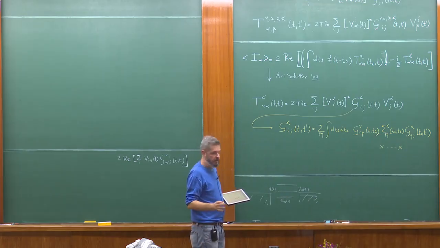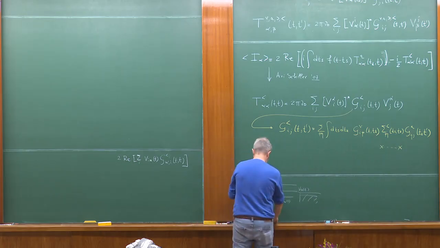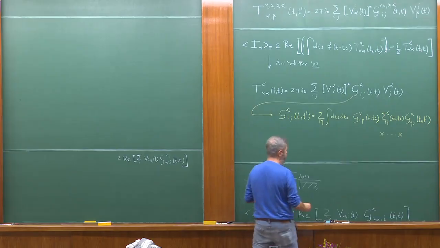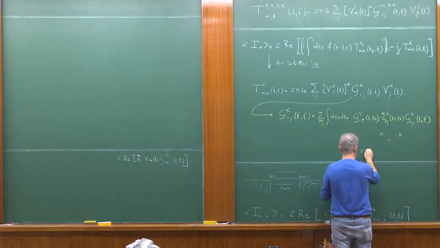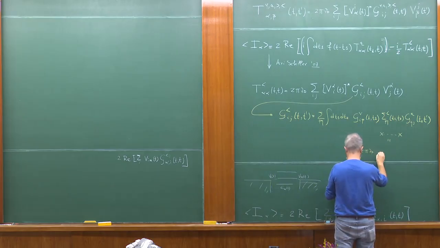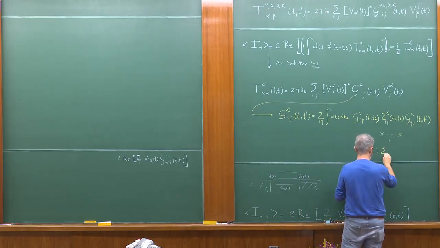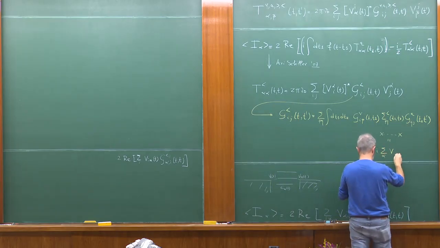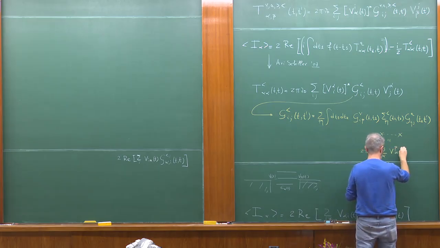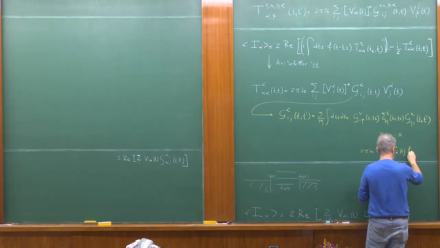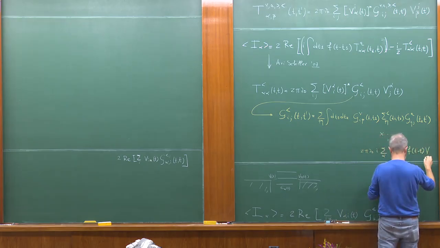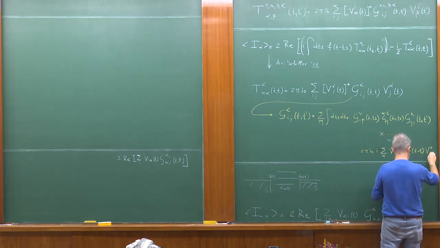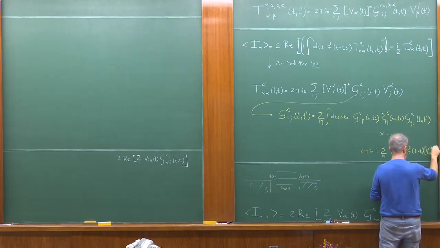It's a non-interacting system, and this is equal to 2 pi density of states, sum over alpha, V alpha t f of t minus t prime, V q alpha t prime star.